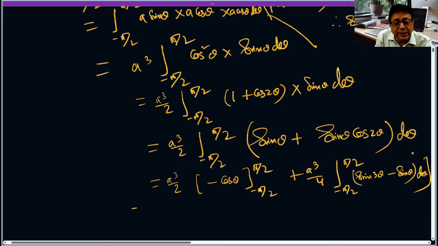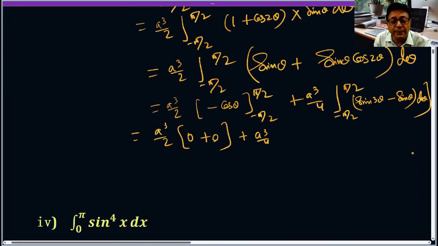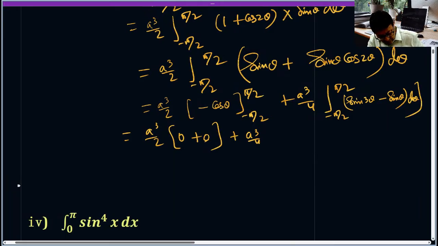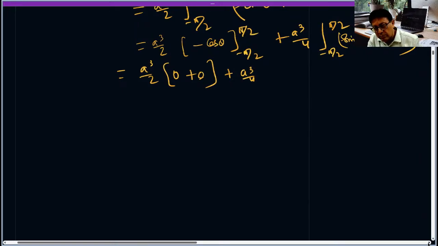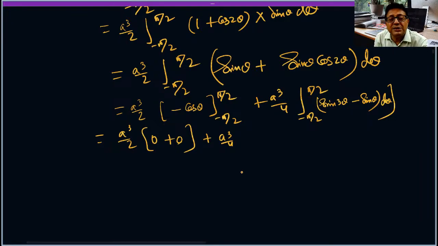Now put the upper limit over there. Minus cos pi by 2, 0, plus 0. Finished. But this one, let's see what happens. We'll be integrating this part. Sin 3 theta, what's the integration?